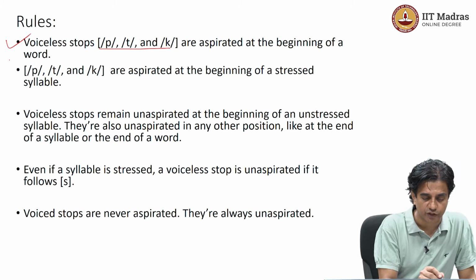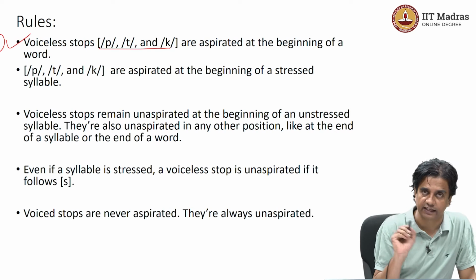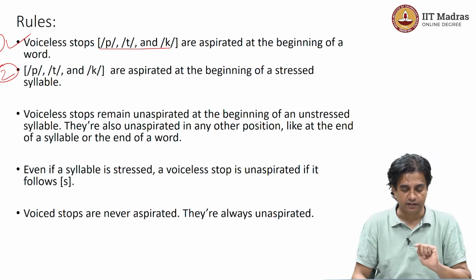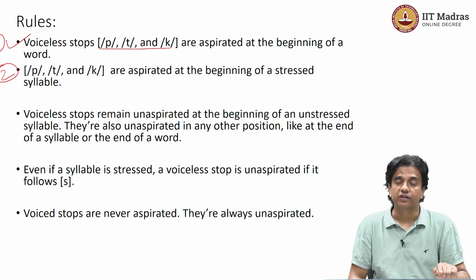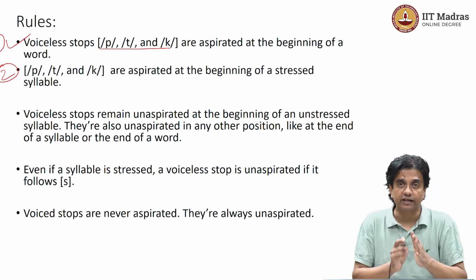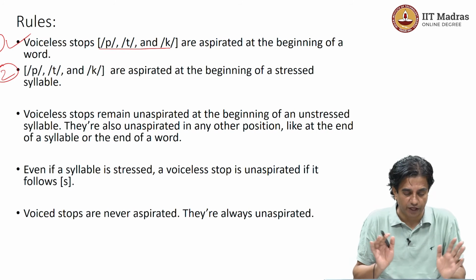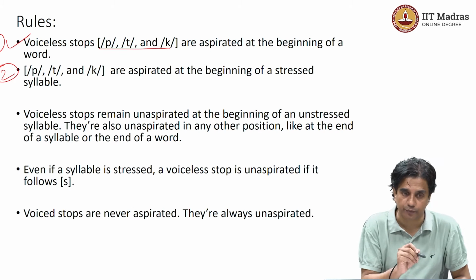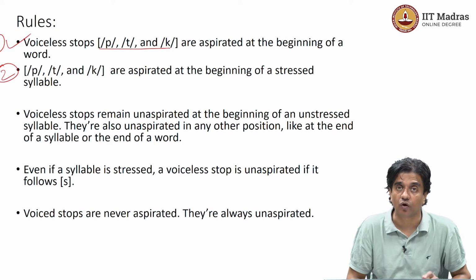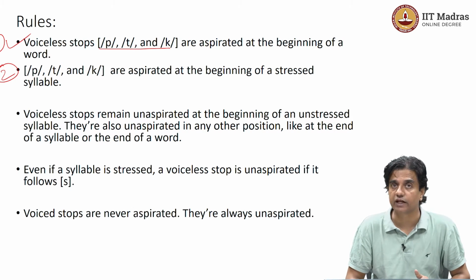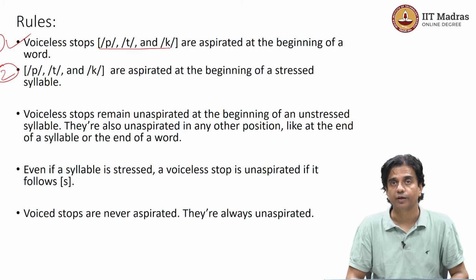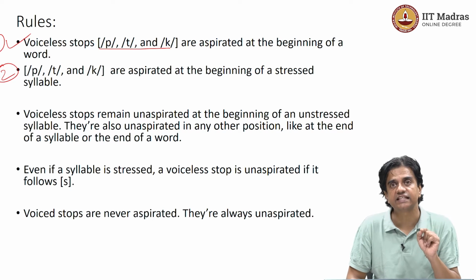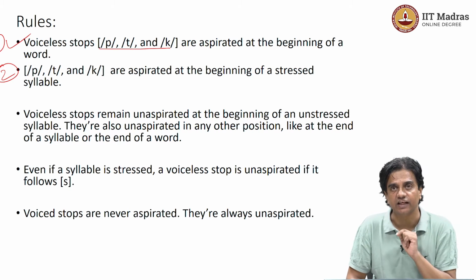So 1 is very clear to us, we are going to look at 2. And then we will look at the issues where aspiration is ruled out. So we are going to look at how pa, tha, ka are also aspirated when they are not at the initial position of a word, but they are at the initial position of a syllable which is getting stressed in a word in English.